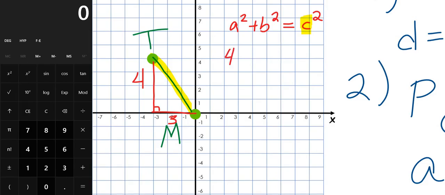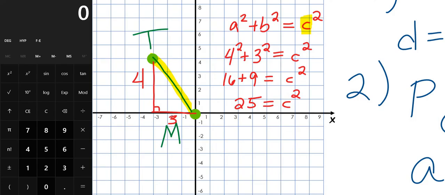Now we'll do 4 squared plus 3 squared equals c squared. 4 squared is 16. 3 squared is 9, equals c squared. 16 plus 9 is 25. That is your c squared.